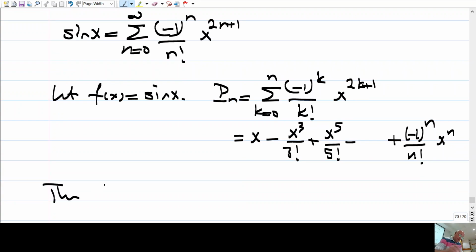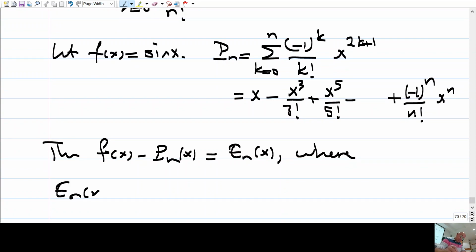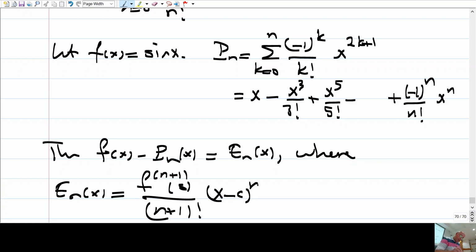Then the theorem tells us that f of x minus Pn of x is equal to En of x. And what is this? The theorem tells us that En of x is equal to the following: the n plus first derivative of f at some point divided by n plus 1 factorial, and then x minus c to the power n plus 1.